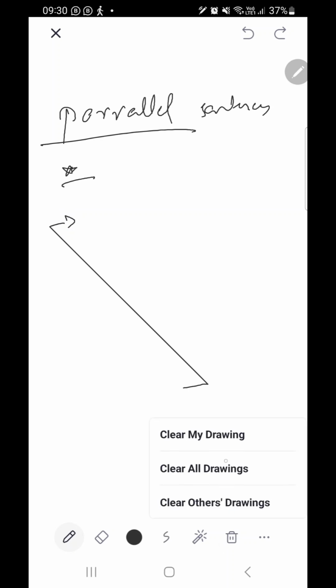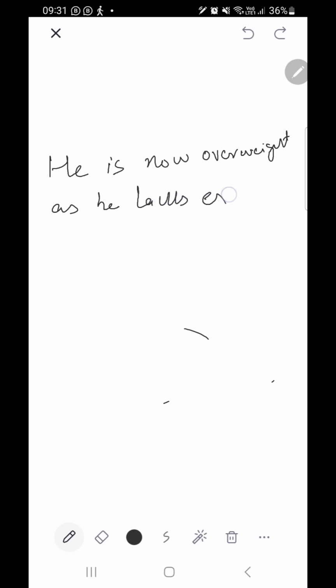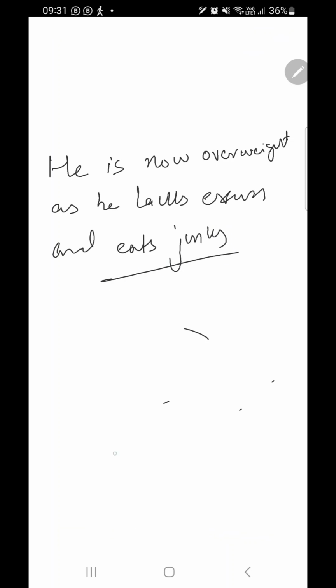For example, I'm writing: he is now overweight as he lacks exercise and eats junk. In this sentence, lacks and eats are active verbs in the present form and in active voice.